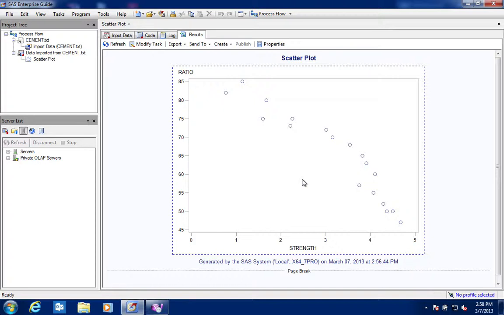Then we look into the residual. And then we look into the normality. Variance.